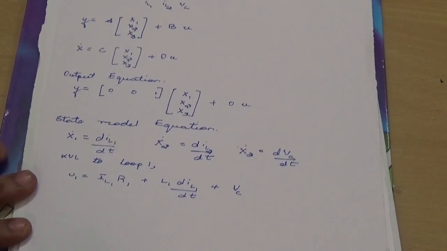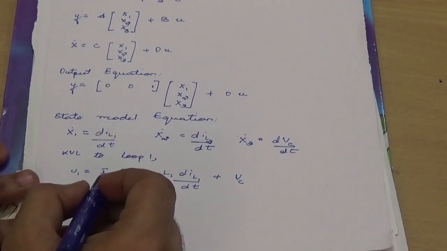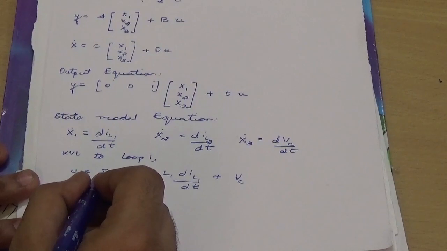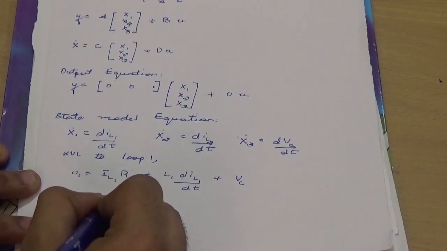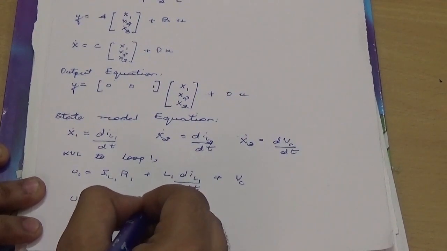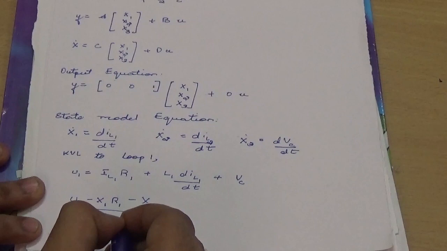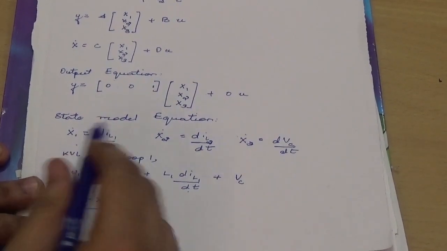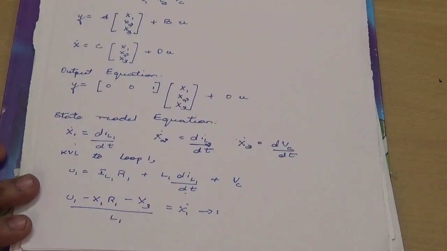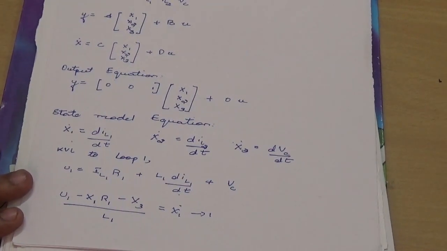Now U1, let it be as it is, IL1 is equal to x1, so I represent it as x1 and take it to the LHS. And Vc as well, which represents x3, I take to the LHS, whole divided by L1, I take it to the denominator. dIL1 by dt represents x1 dot. So this represents one model. So I can obtain the first row by using this particular expression.